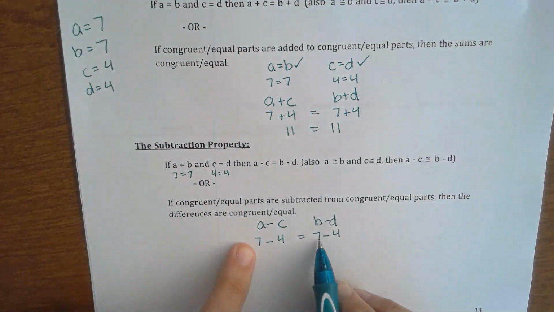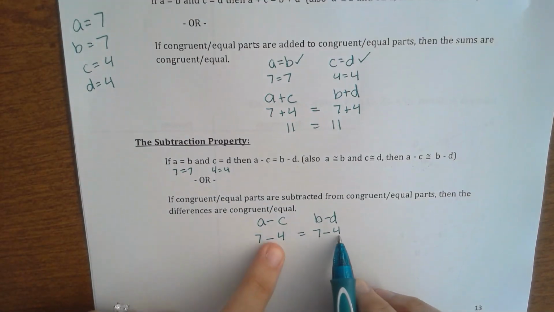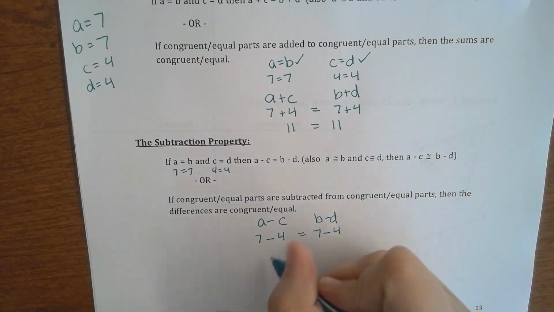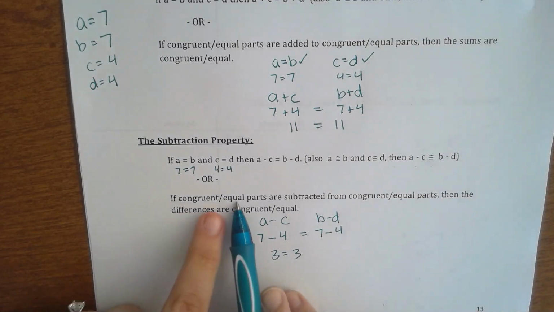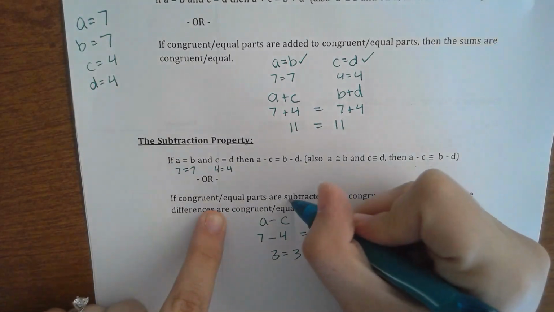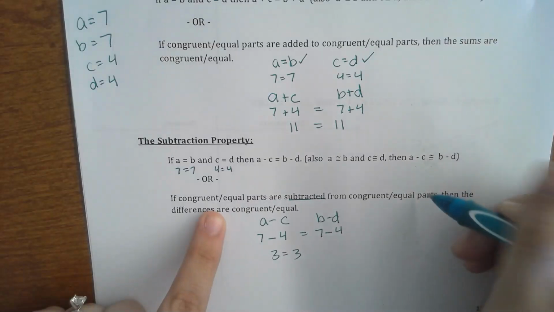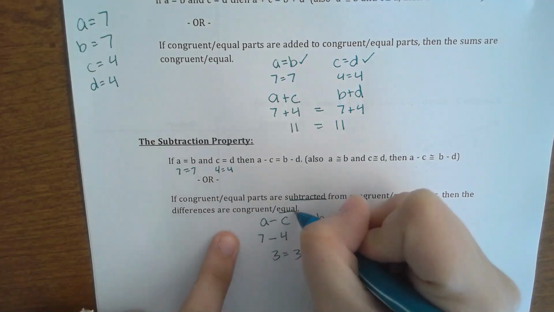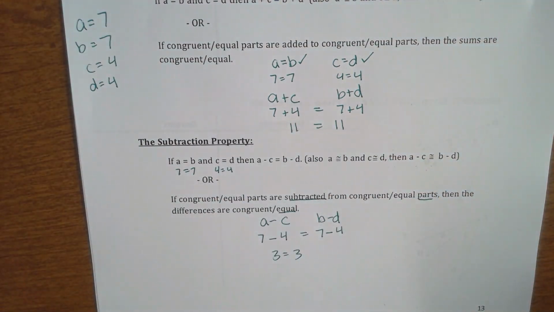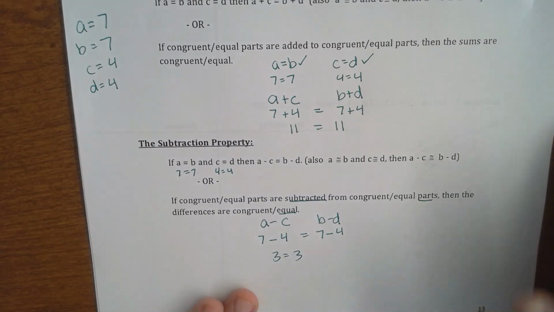Well, these two things were both 7. These two were both 4. So my answers should be equal. If we have equal parts and we take away from equal parts or whole things, then what's left should also be equal. So now let's look at this a little bit more geometrically.